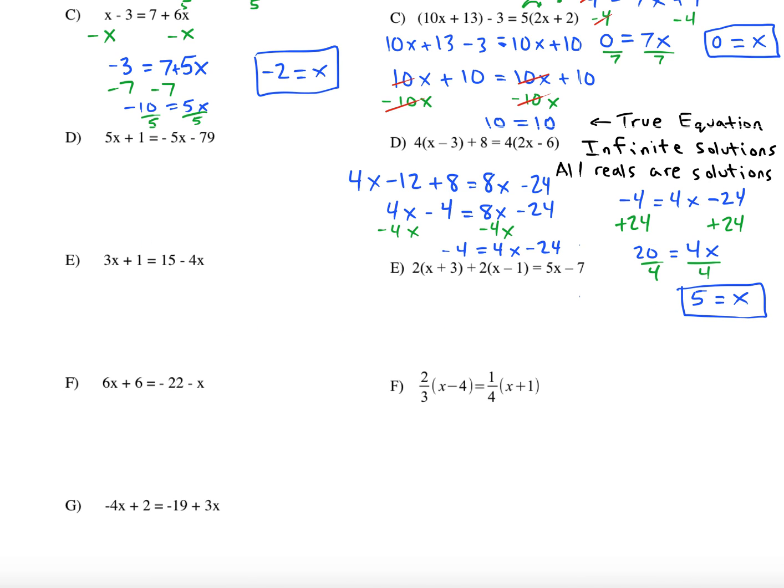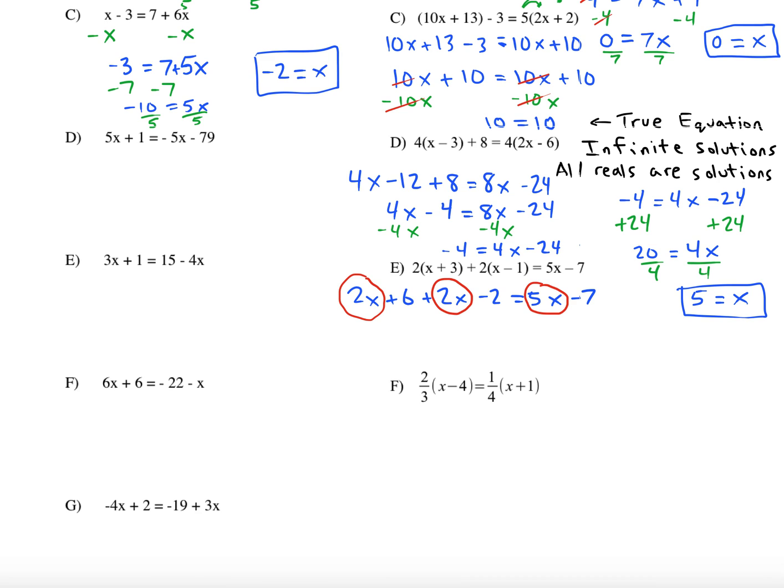Here we have to distribute twice on a side. We're going to get 2x plus 6 plus 2x minus 2 equals 5x minus 7. All right, let's go ahead and identify the like terms here.